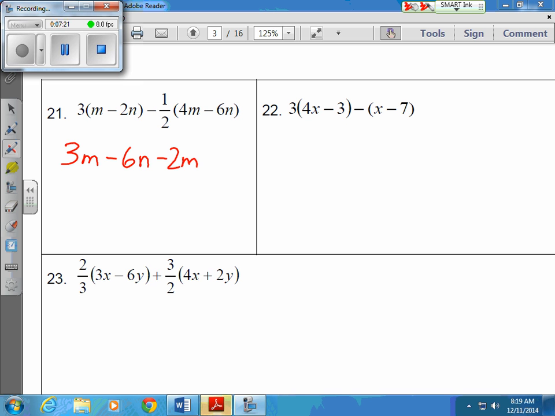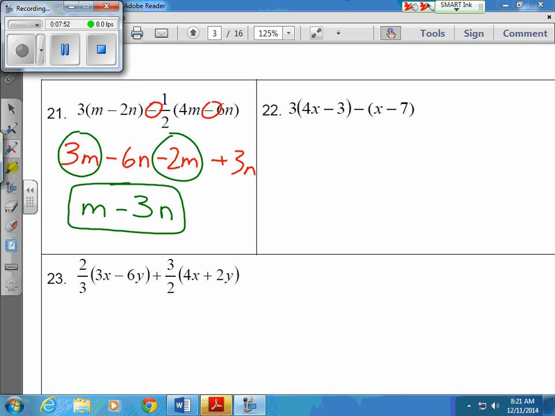Good. 3. Almost perfect. Negative times a negative, positive 3n. Your like terms have to have the same variable, m, that's right. And then what? Minus 3n. That's right.